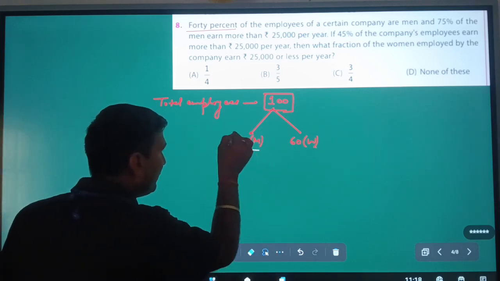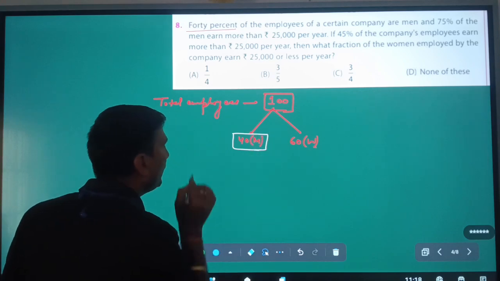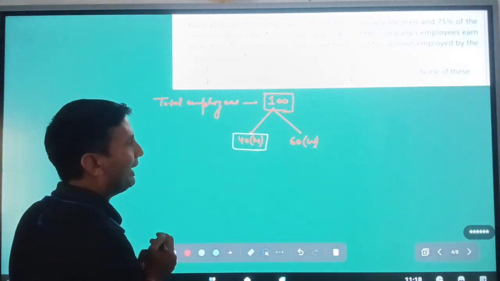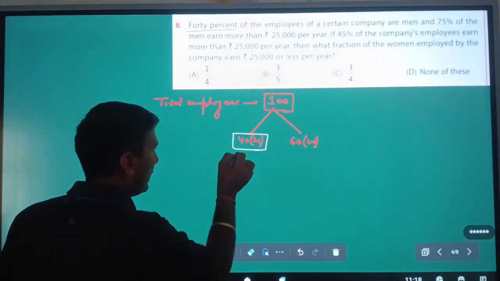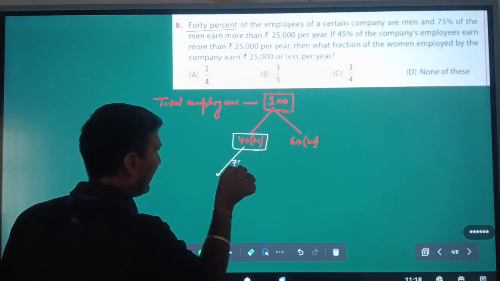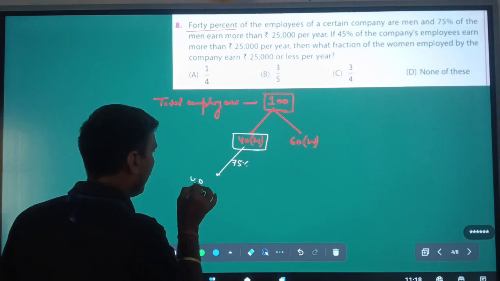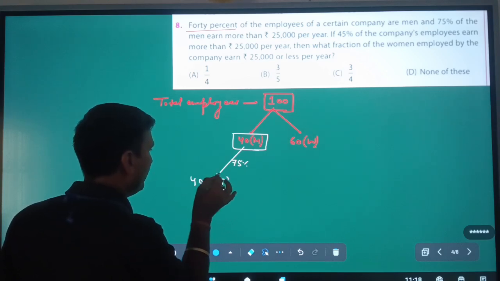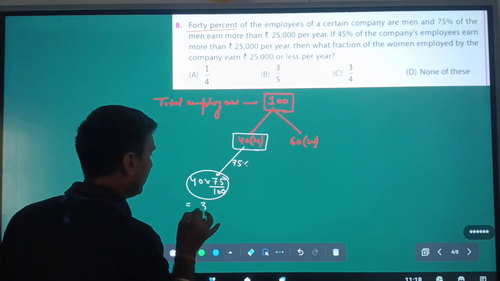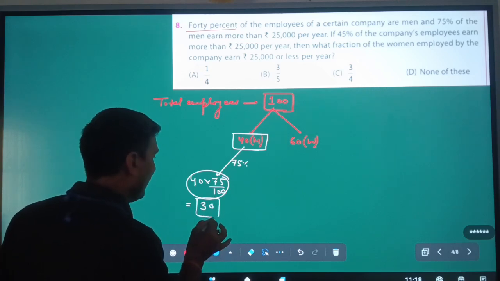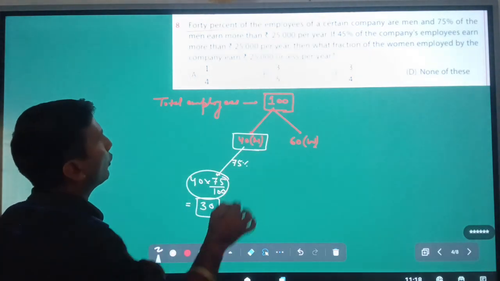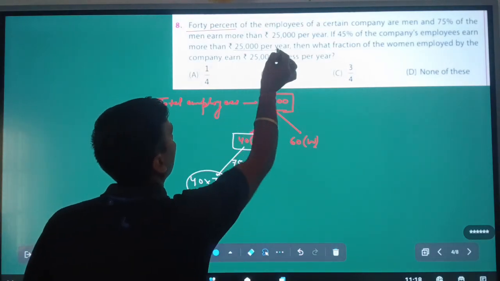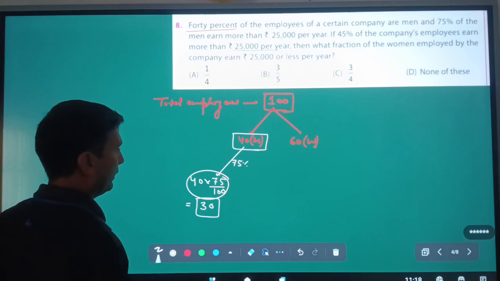Now the base is going to be men, and the number of men is 40. 75% of that means 40 into 75 upon 100, which we solve, we get 30. It means there are 30 men earning more than 25,000.